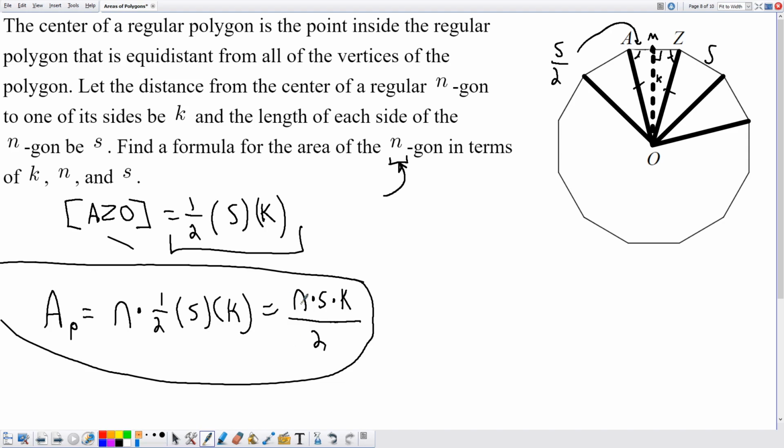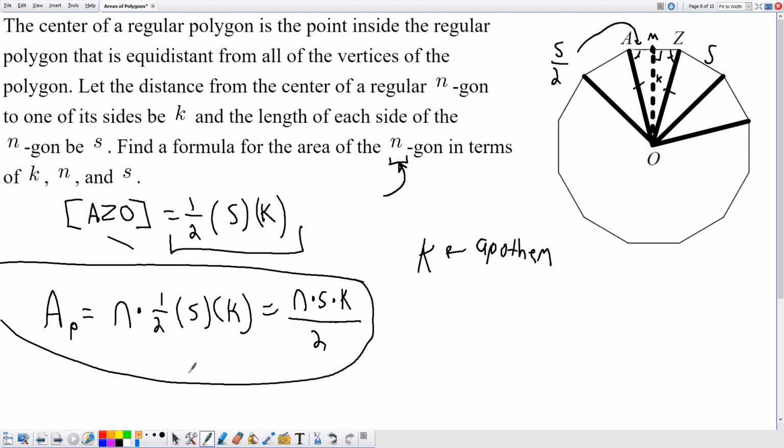It's the number of sides times the length of each side times the distance from the center to one of the sides. And sometimes this distance k is referred to as the apothem of a shape. The apothem means the distance from the center to a side, but it doesn't really matter.